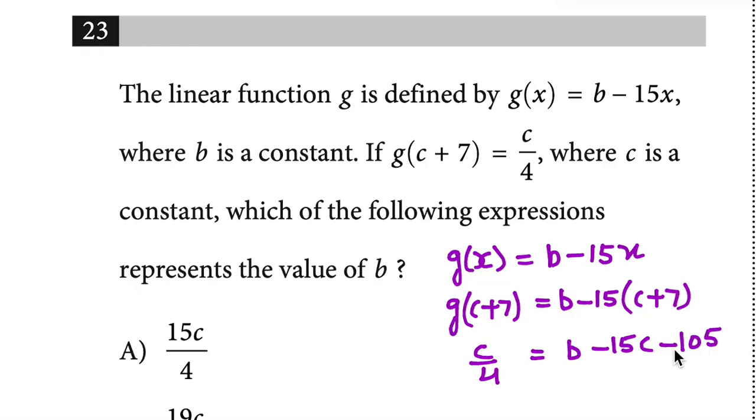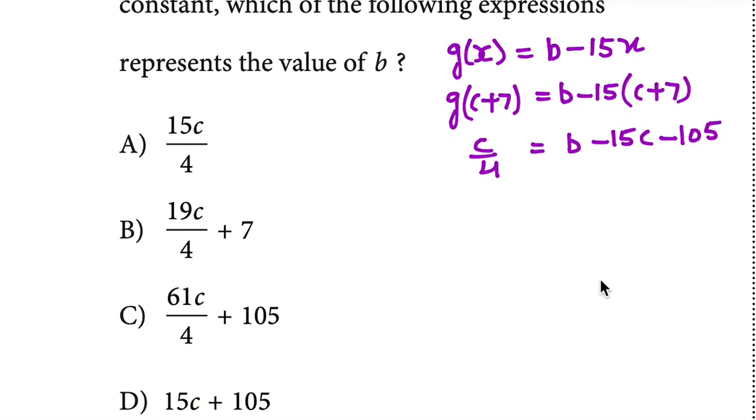Okay, what is the question? Which of the following expressions represents the value of b? That means you have to calculate this. So add 15c on both sides and 105 on both sides. Let's take the LCM or the butterfly method, whatever method you use.